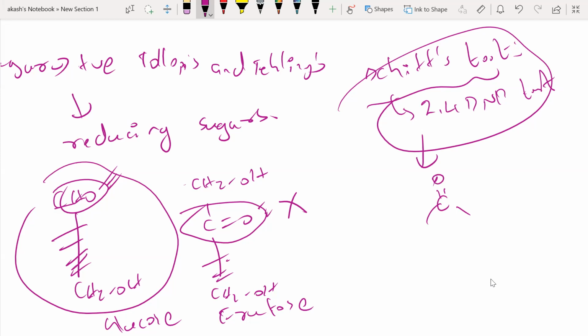This C double bond O is what is called the carbonyl carbon. If I have a carbonyl carbon, that definitely will give a positive test for Schiff's. You don't have to understand what Schiff's reagent or 2,4 DNP is right away.